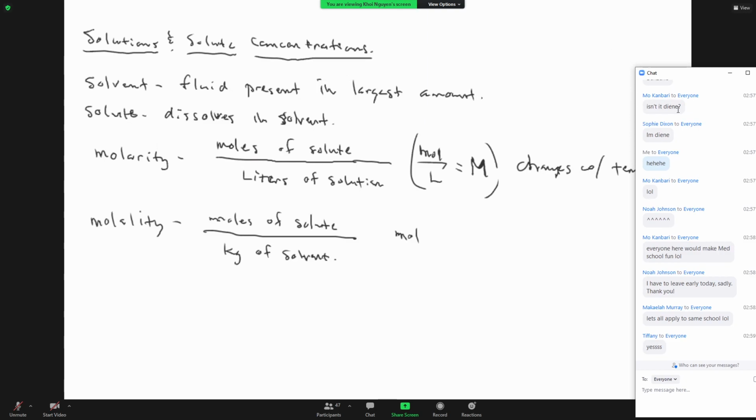So moles per kilogram, this is denoted as a little m for the units of concentration for molality. And this has no change with temperature change.